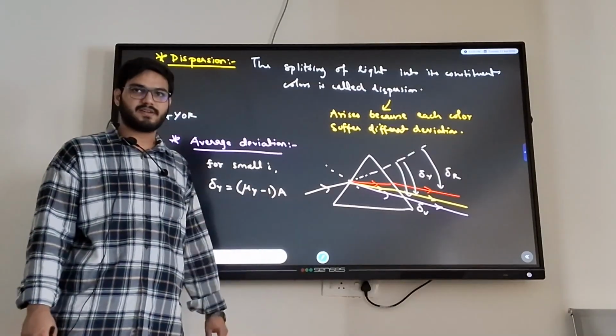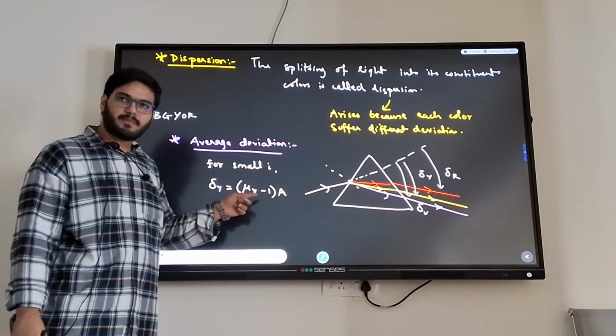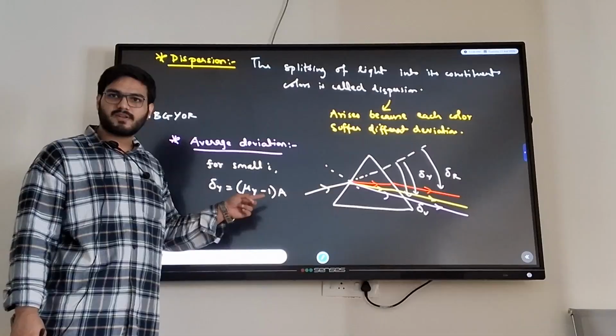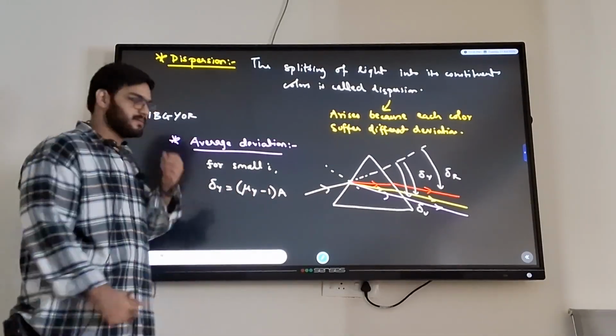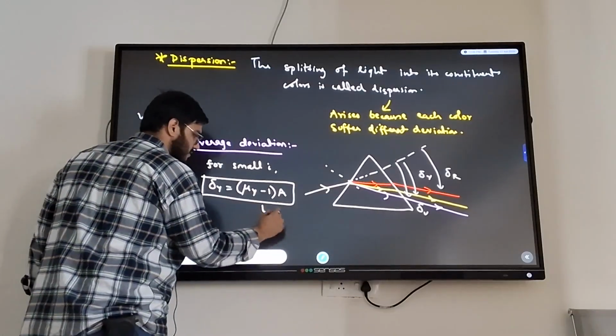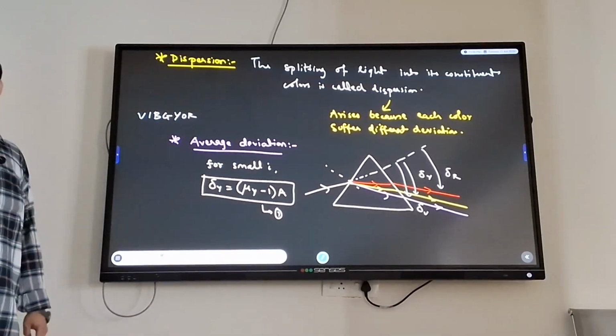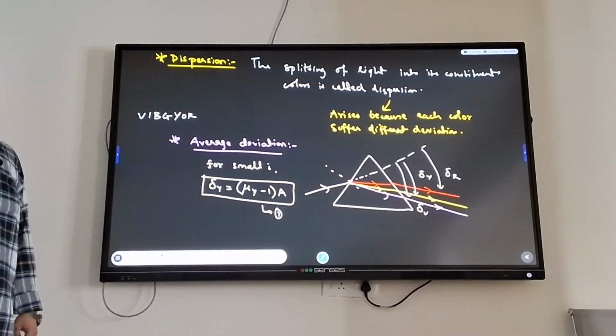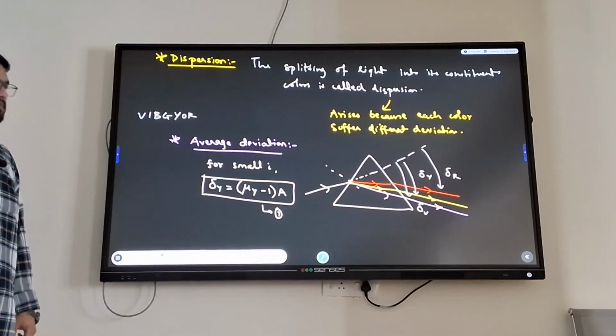That's delta y. This is how we define the average deviation. All the equations that I will give numbers to are important equations, okay?